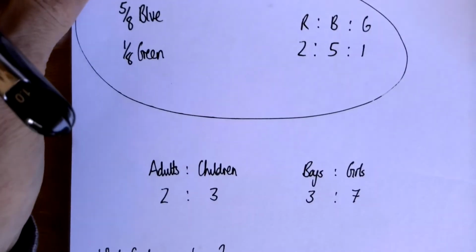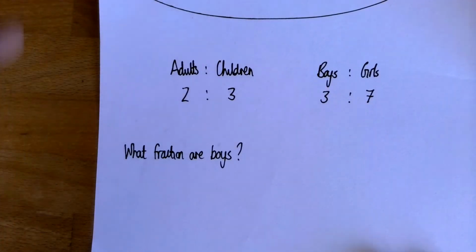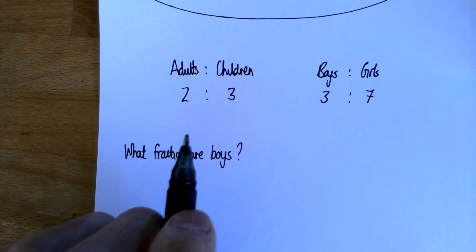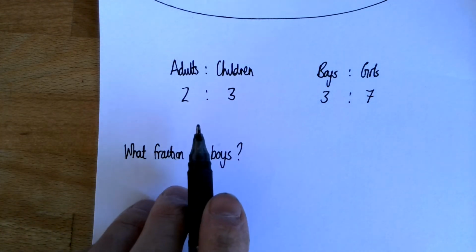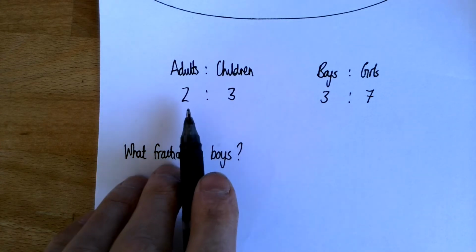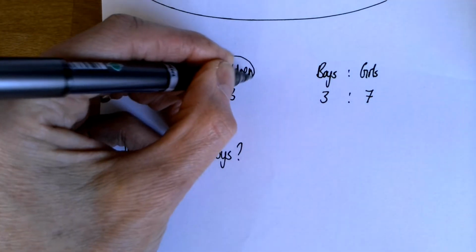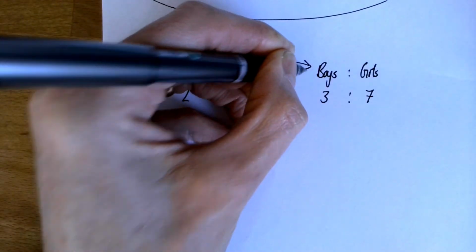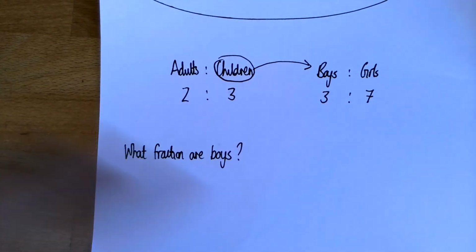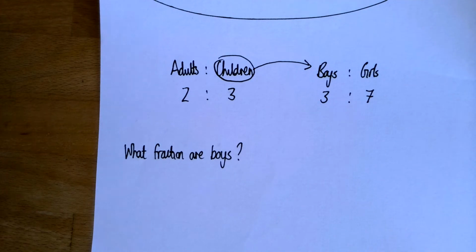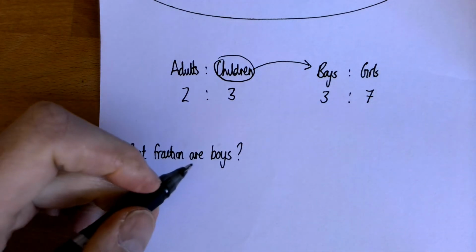Here's the second example. We're told here that the ratio of people on a particular trip, ratio of adults to children is 2 to 3. And of the children, they are made up of boys and girls in the ratio 3 to 7. What fraction are boys?